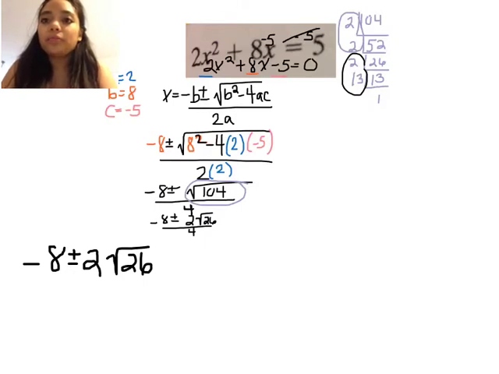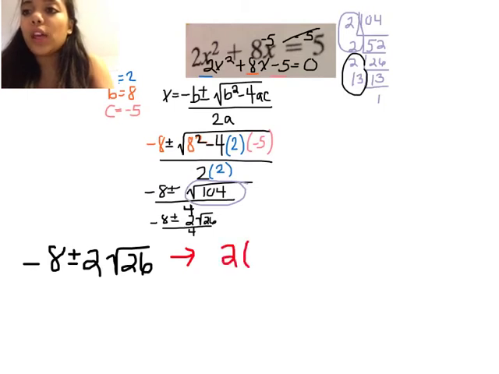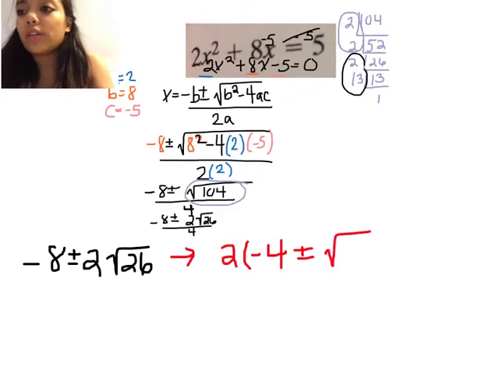Well, you can factor out a 2 because -8 and 2 are both divisible by 2. So when you factor that out, your numerator will look like this. -8 divided by 2 is -4, plus or minus 2 divided by 2 is 1. You don't need to write a 1 there. The square root of 26.